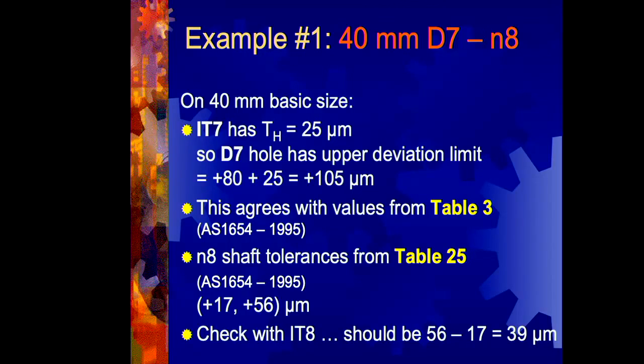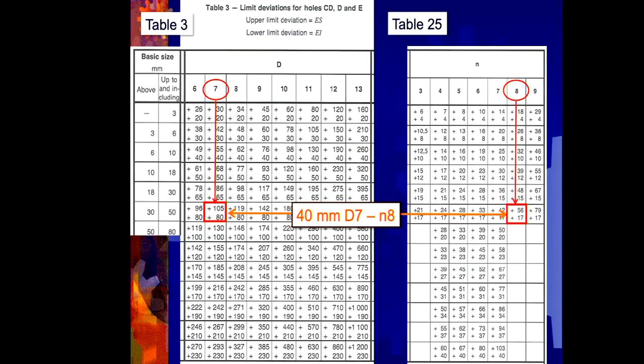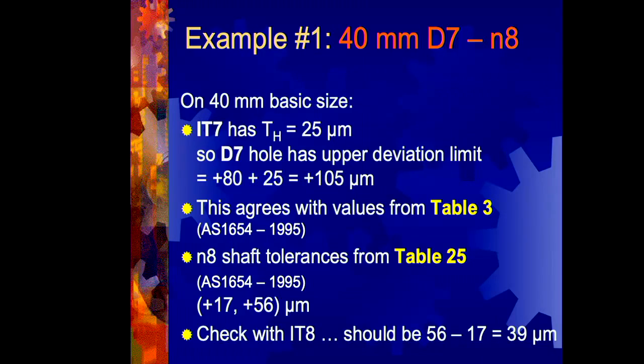Now, you can also go through this process of looking up IT7 from that earlier table, and that has a hole tolerance of 25 microns. So we can also go with the deviation. The D7 has an upper deviation limit of 80 plus 25. That agrees with the table 3. N8, we can do the same process.